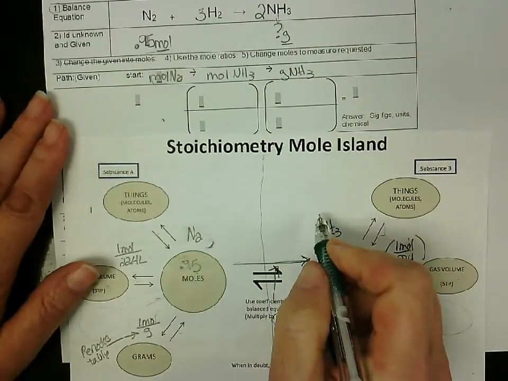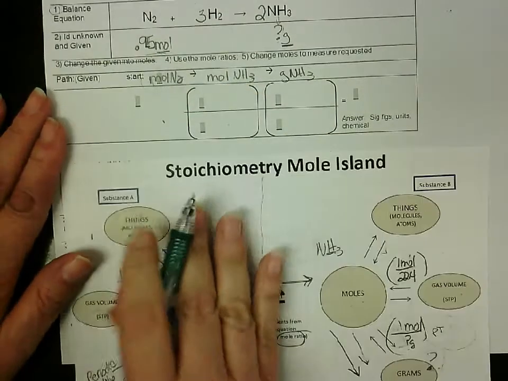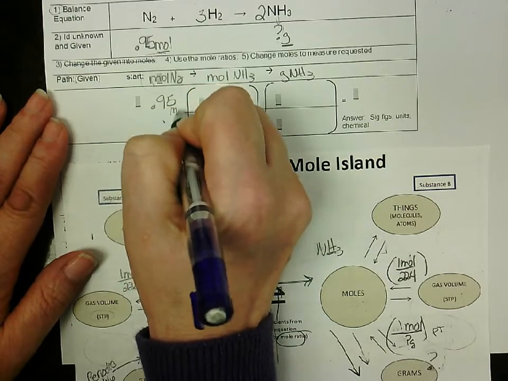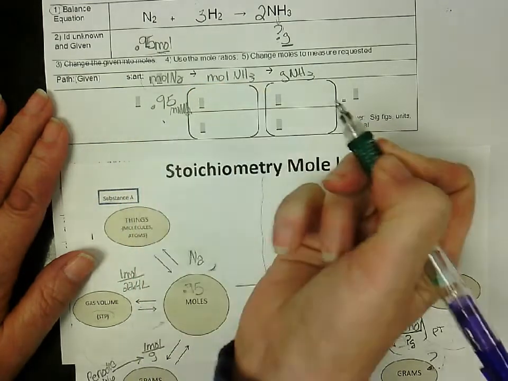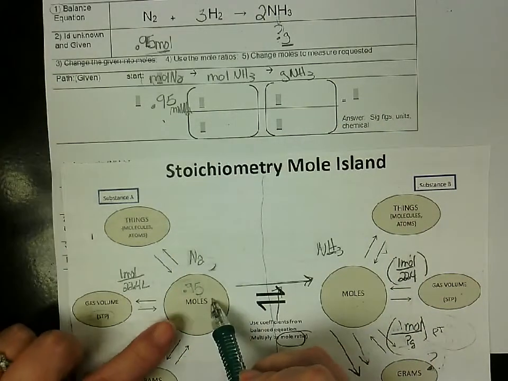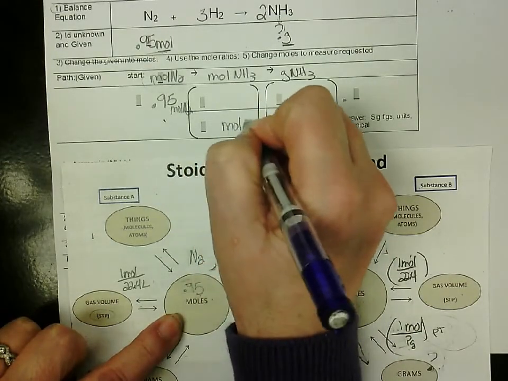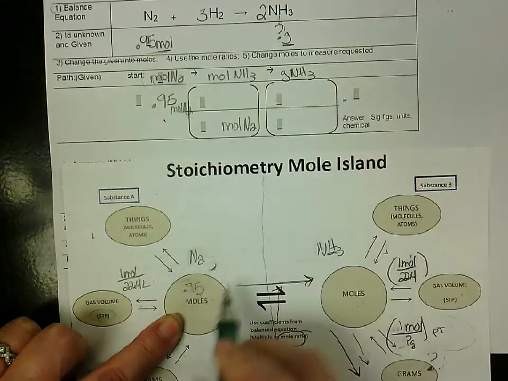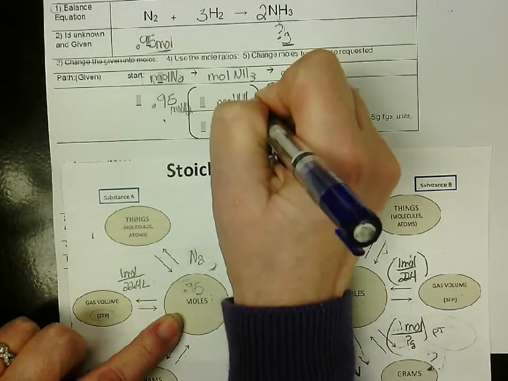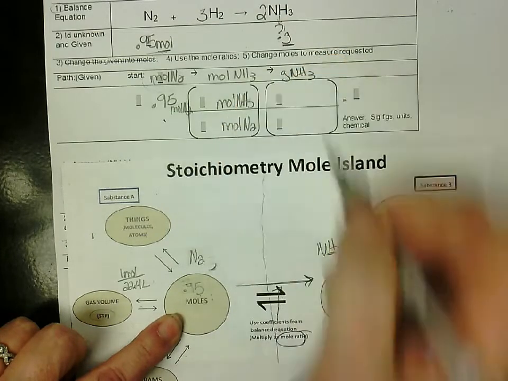So when I write this out, I start with my given, which is my moles of N2. So 0.95 moles of N2. Okay, now I don't want to stay on mole island. I want to get off of moles of N2 island, so I put it on the bottom. And where am I going to next? Moles of NH3. And whatever is on top is where I want to go next, and that should match your path.